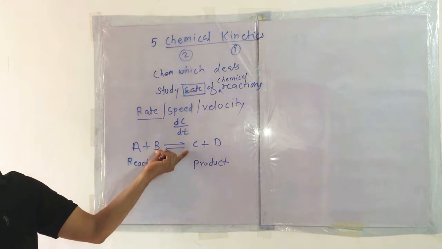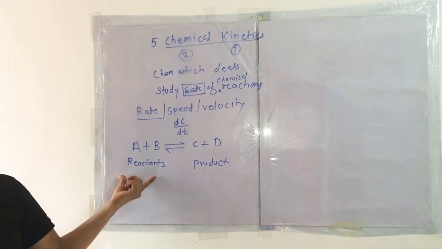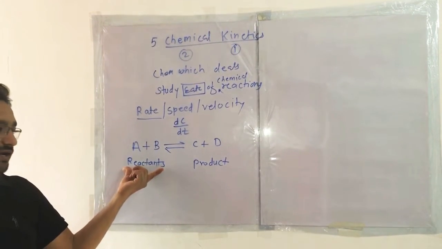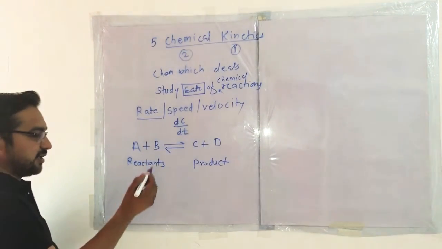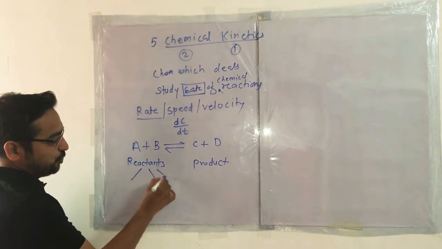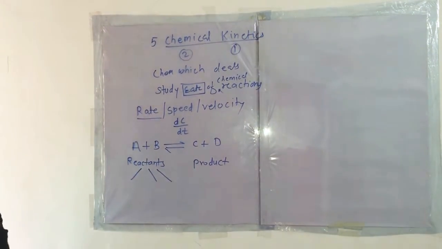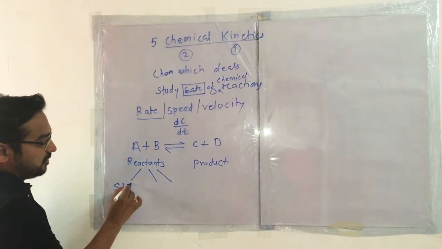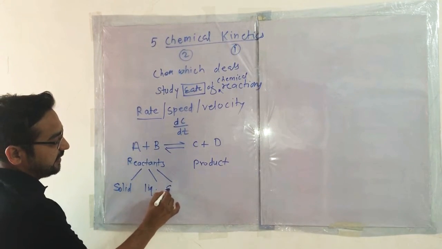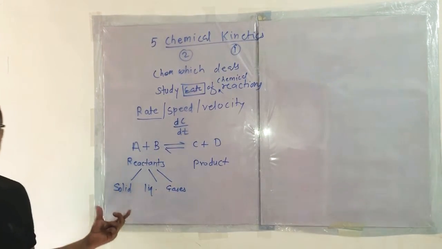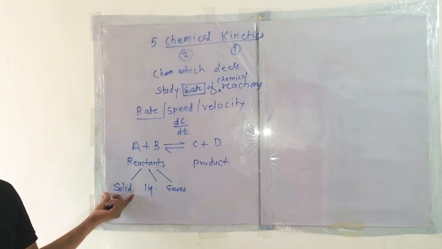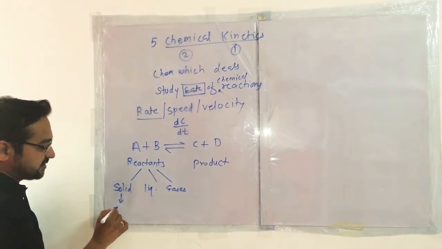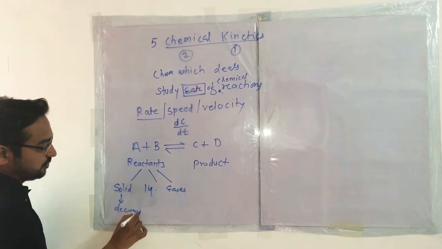So what are the parameters of rate? How are you going to determine the rate of a reaction? An important parameter is your reactant. In reactants there are three states of matter, which you already know: solid, liquid and gases. If your reactant is solid, it decomposes very slowly, so its rate of reaction is very slow.